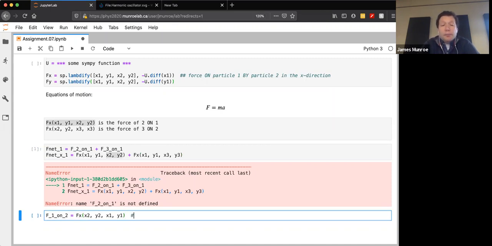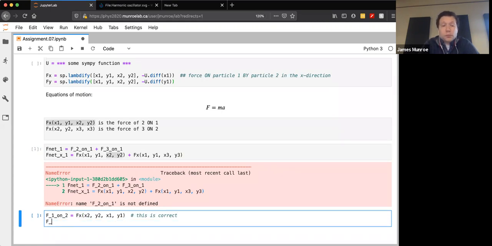Okay, that would be, that's correct. Okay, that's another way of writing down those forces, right?